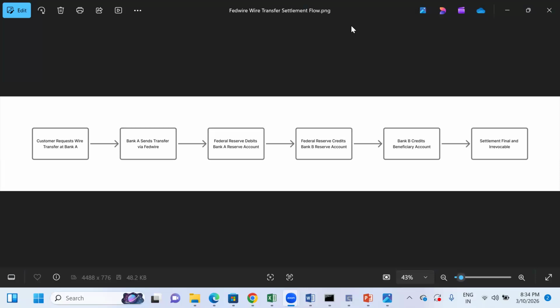Beneficiary means who is going to receive it, right? Step one is completed.